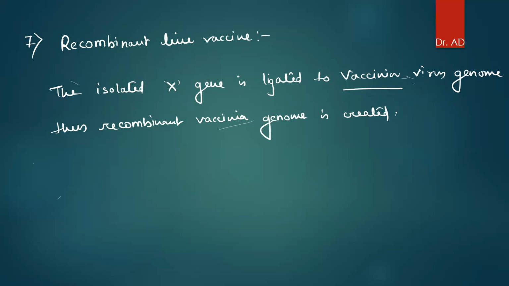Clear? Now, fresh virus is generated by in vitro packaging of the genome that carries the gene of interest. Now, gene X will be expressed and our body will form plasma cells followed by memory cells. This is what happens.